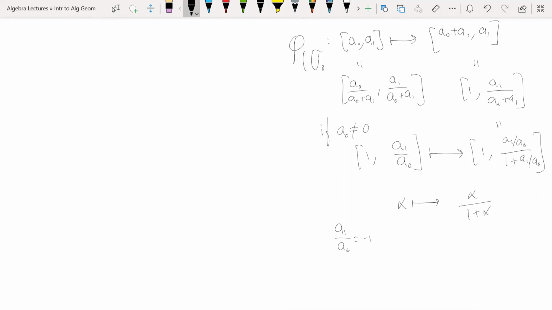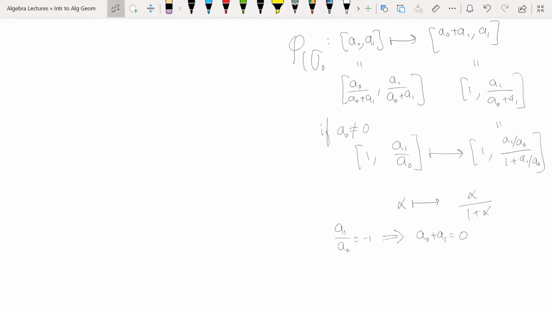So phi is this map, and I wanted to show that this is certainly given by polynomials. Alpha goes to alpha over 1 plus alpha. So it won't make sense if A1 over A0 is equal to minus 1. So if alpha is minus 1, this implies that A0 plus A1 equals 0.